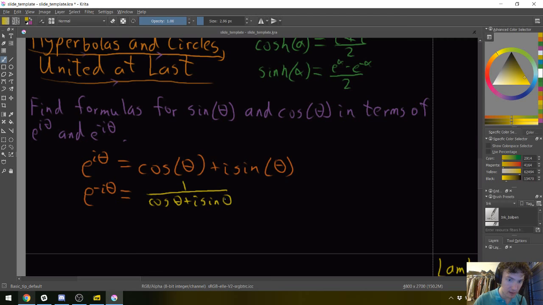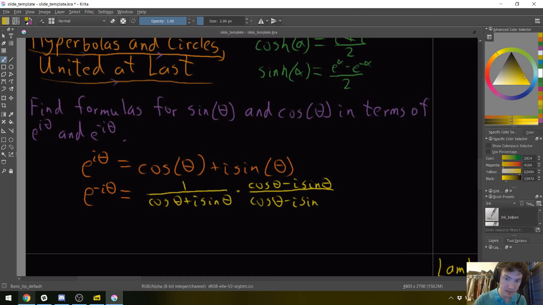Now, let's simplify this by multiplying by 1. Remember, our two tools are adding 0 and multiplying by 1. So I'm going to multiply by 1 in the following form. And it's just going to be the complex conjugate. So cos theta minus i sine theta divided by the same thing, cos theta minus i sine theta.